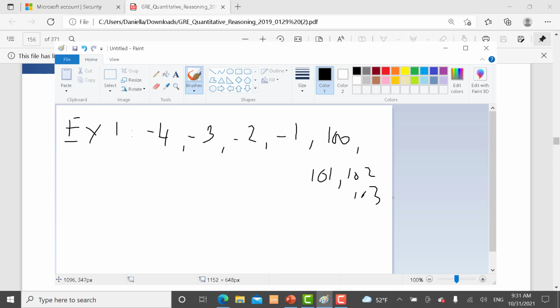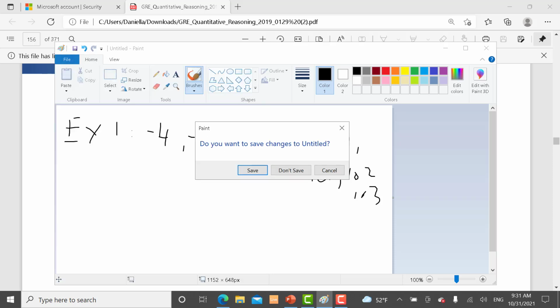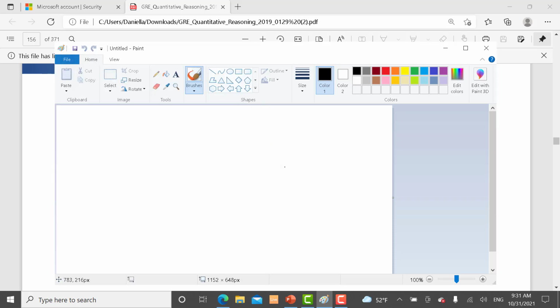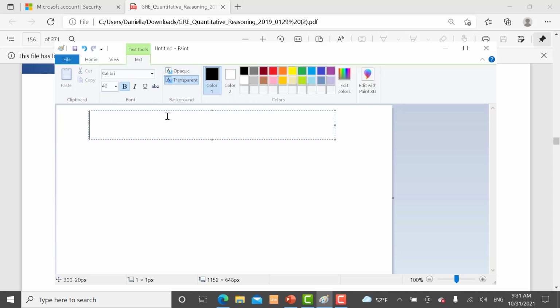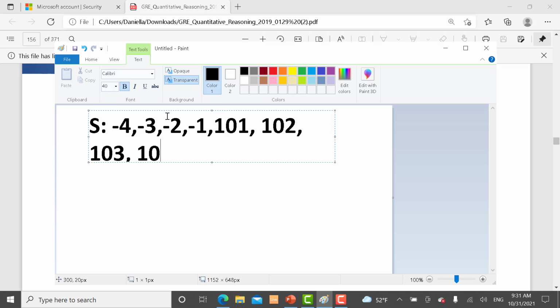So if I take the average, you see that the average should be, just add them all together. Hold on, let me find a way to show you. Let's say I look at S as the numbers -4, -3, -2, and -1, with 4 positive numbers 101, 102, 103, and 104.